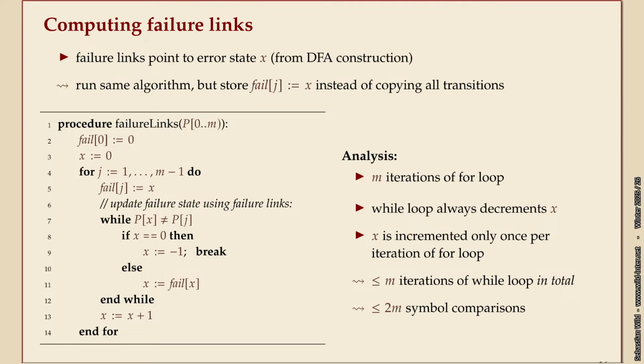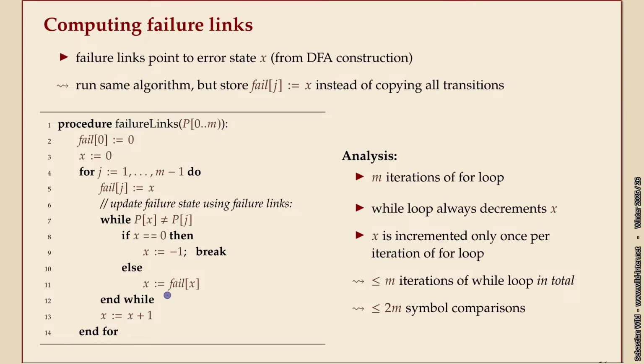Very similar to the previous code, this looks like it might be slow because there's an outer loop that runs for m iterations. And there's an inner loop that might also run for m iterations because you again follow failure links to the left. By the very same argument, again, this inner loop in total cannot run more than m times.